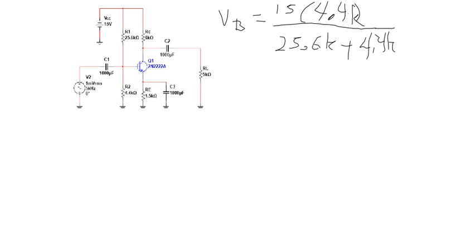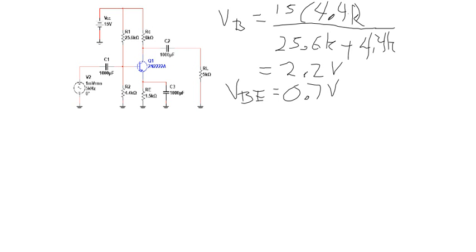And if you calculate all that out, that's going to give you 2.2 volts, but that's VB. Now, that's more than enough voltage to forward bias the base emitter junction, so we know VBE is 0.7.